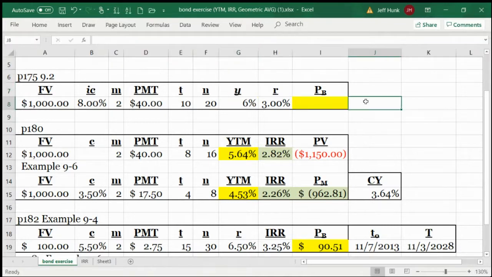That means the comparable bonds are currently yielding 10%.